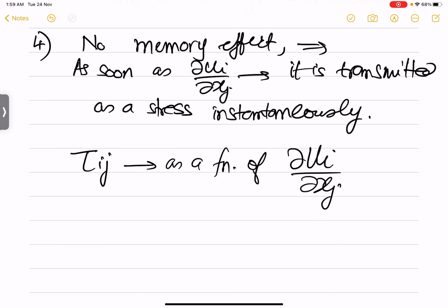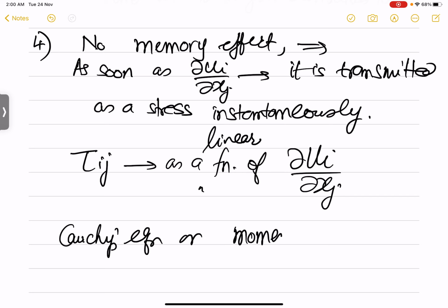So what we have is we have assumed tau ij we'll put it as a linear function of partial ui by partial xj, and then we will see what happens to the Cauchy's equation or the momentum equation or Newton's second law for a particle, whatever you will call it.